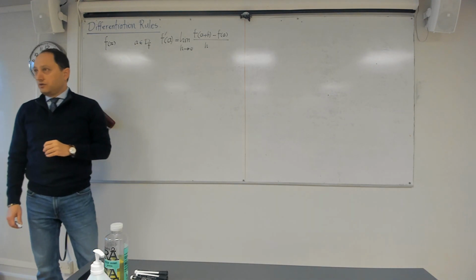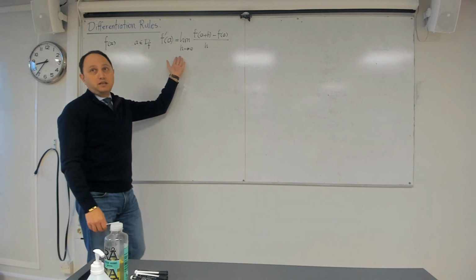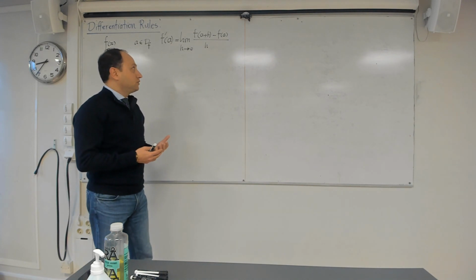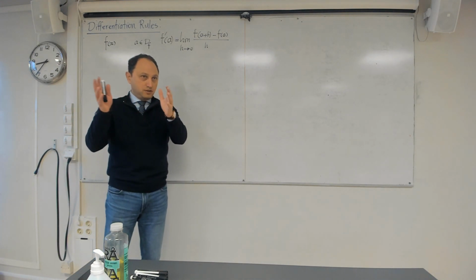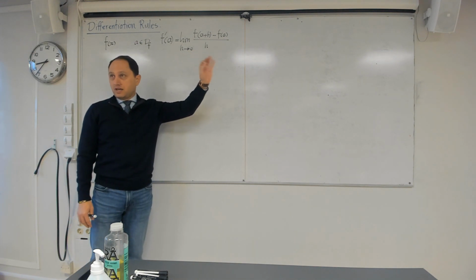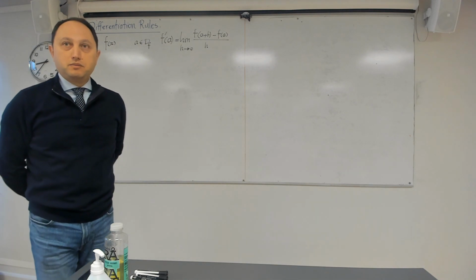The problem was that there are infinitely many functions in mathematics. So the most natural thing to do is to categorize the functions into different types and learn the derivative for each category. Otherwise, this is useless.